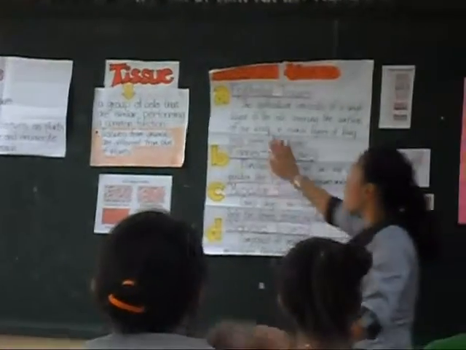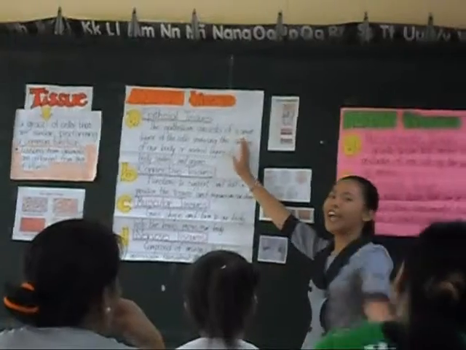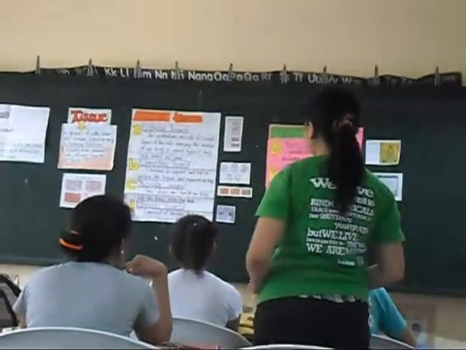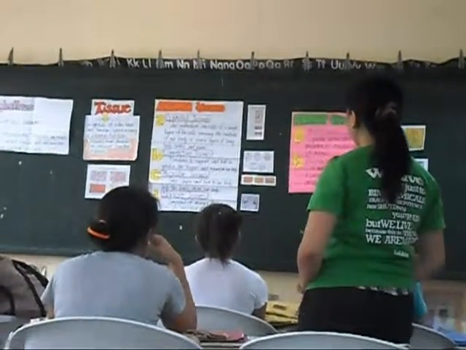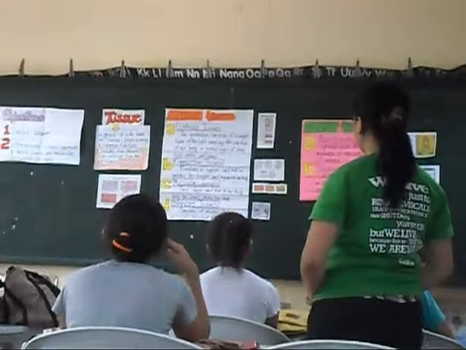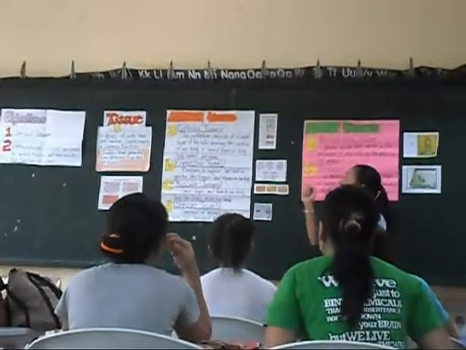To proceed, I have here the group of animal tissues. Can anyone please read the definition of epithelial tissues? Ms. Rona, can you please read that? Epithelial tissue: the epithelium consists of a single layer of cells covering the surface of our body, or several layers lining body cavities and organs. Thank you.